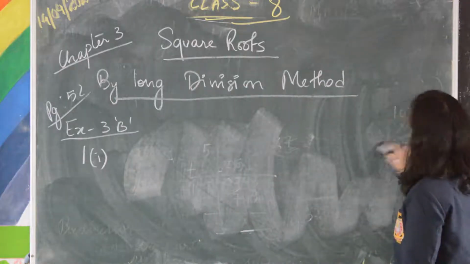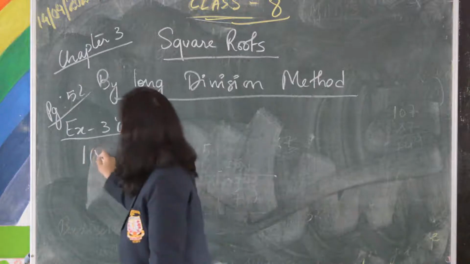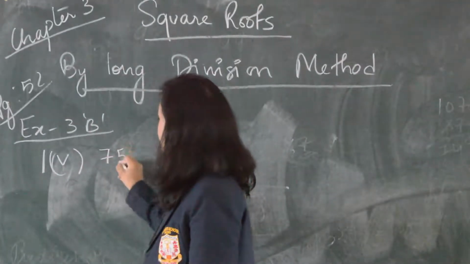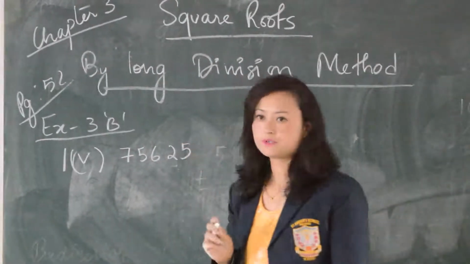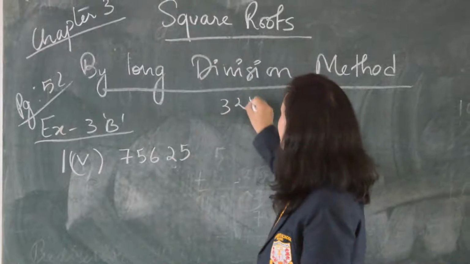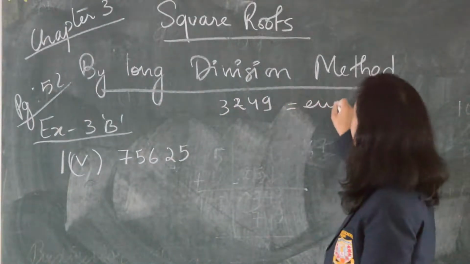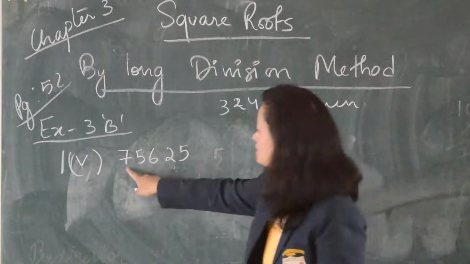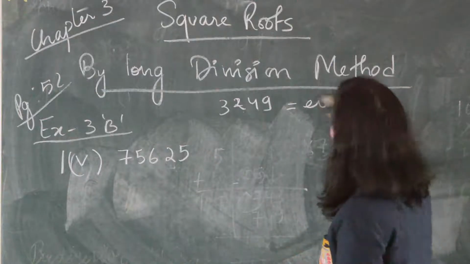The next sum that I'm going to do is number 5, which has an odd number of digits. The first number was 3249 and the number of digits was even: 1, 2, 3, 4. Here it is 1, 2, 3, 4, 5. So the number of digits is odd.